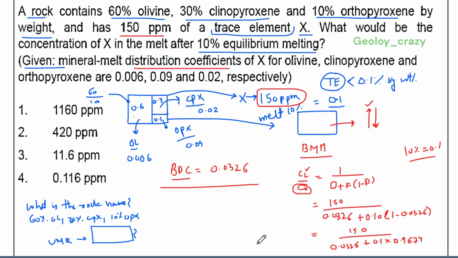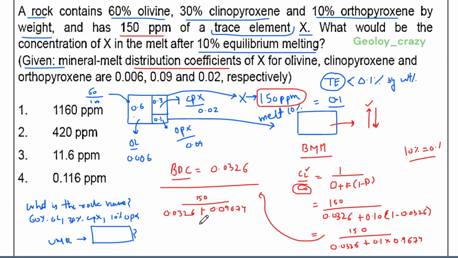Now if we multiply 0.1 with this number, we will get 0.09674, because a 0 will be added after the point. And on this side we have to add 0.0326.